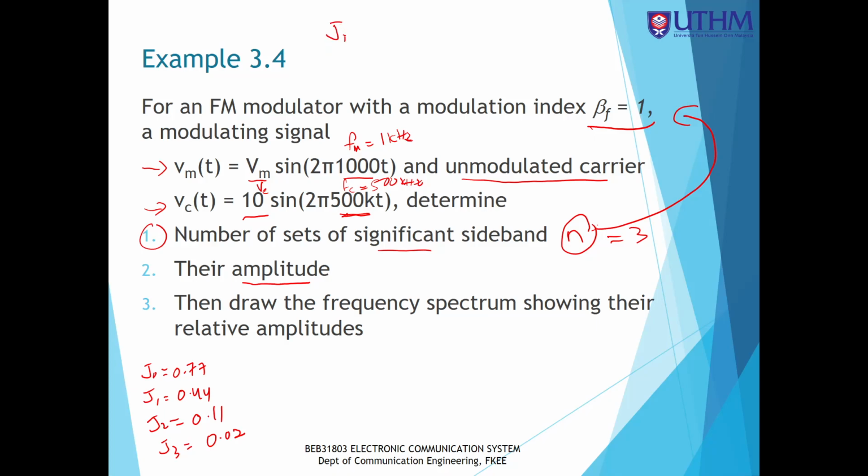Remember, Jn is equal to Vn over Vc. Now we want to find the amplitude, which is Vn, so Vn is equal to Jn times Vc. And since the next question wants you to draw the spectrum, that means we need to know the frequency.